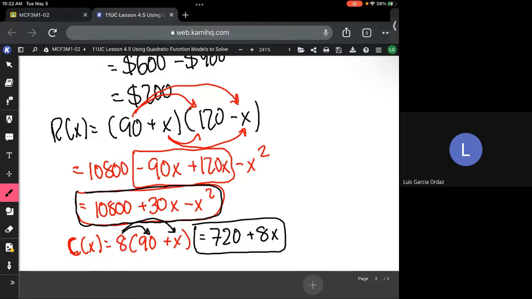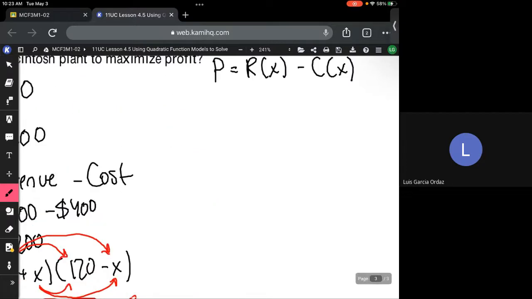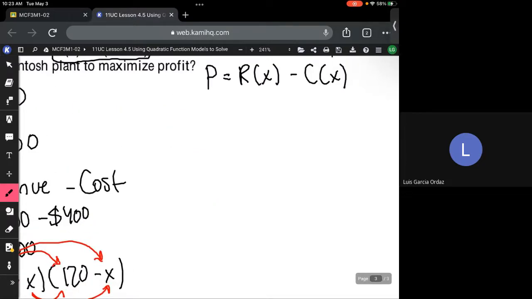Take a couple moments to finish copying that down. So my profit is equal to my revenue subtract the cost.